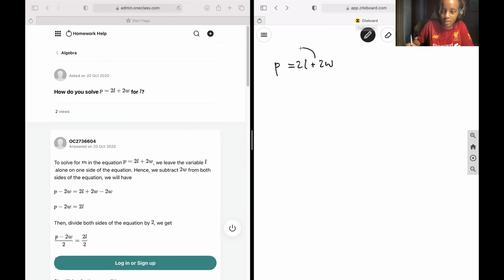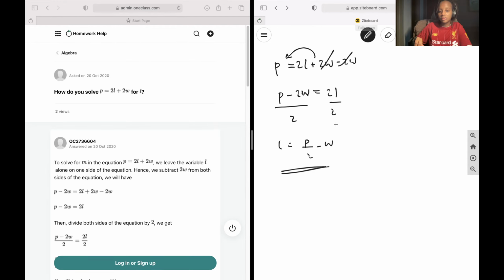So we can start doing that by subtracting negative 2w from both sides. And then simply dividing out the 2. So we get L is equal to P over 2 minus W once you simplify this. And that's our final answer.